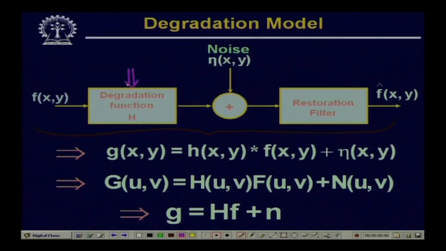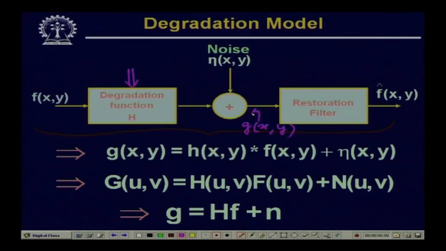So, h is the degradation function. Once we get the degraded image at the output of this degradation function h, a random noise eta(x, y) is added to that degraded image, and finally here we get our degraded image, which we call g(x, y).